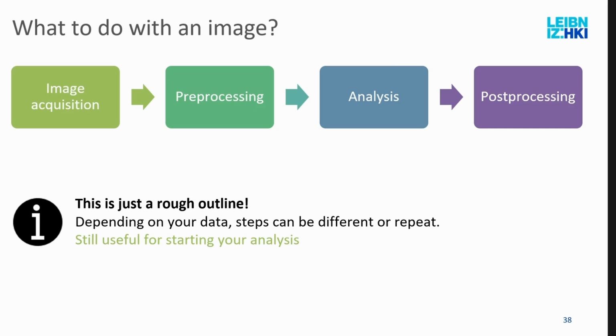It's too general, and sometimes you have images where you do some pre-processing, and then you do some analysis of some structure, but this allows you to pre-process another part of the image in a way that you find other structures. So this can become a more complex diagram in the end.